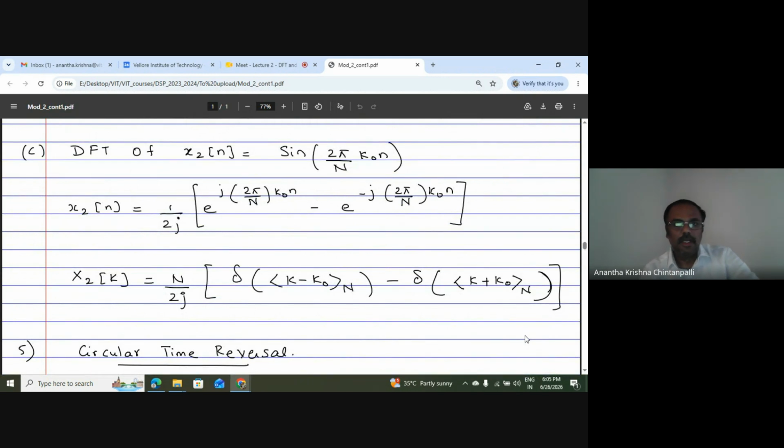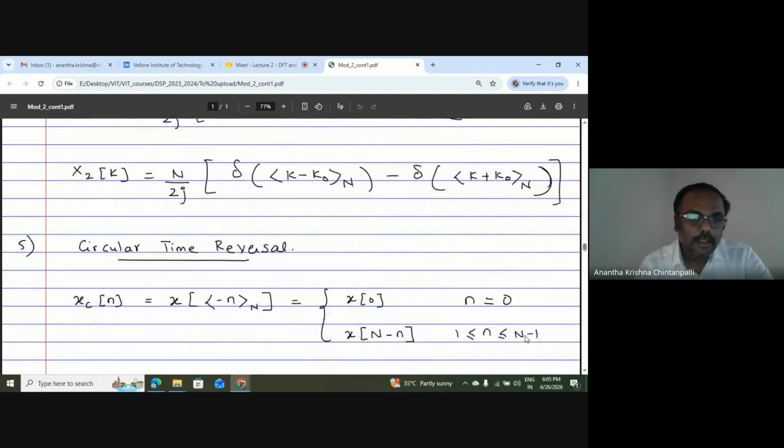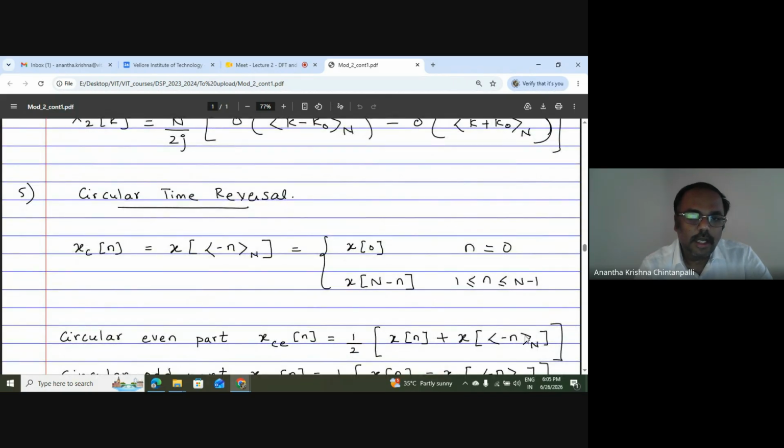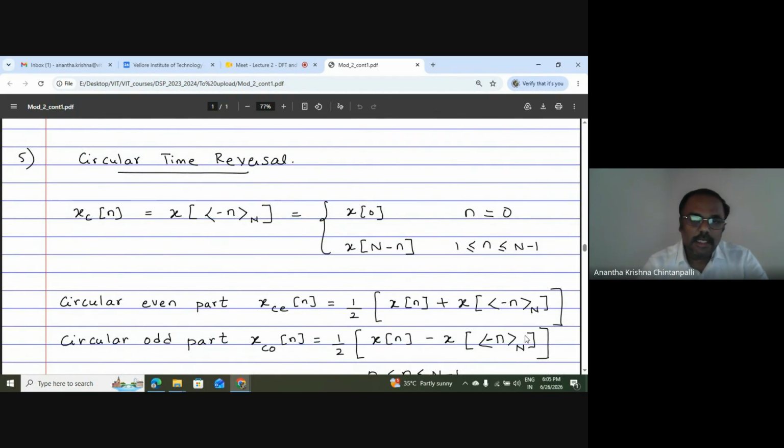Okay. Now I'm going to talk about circular time reversal. What is a circular time reversal? So let's think about time reversal. What happens in time reversal? Whatever happens from n is equal to 0 to some positive value will be flipped to the negative side. Correct?